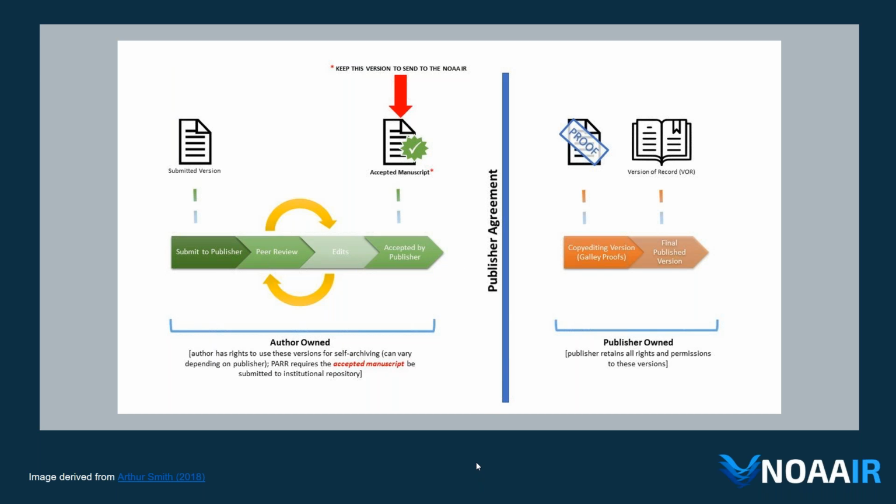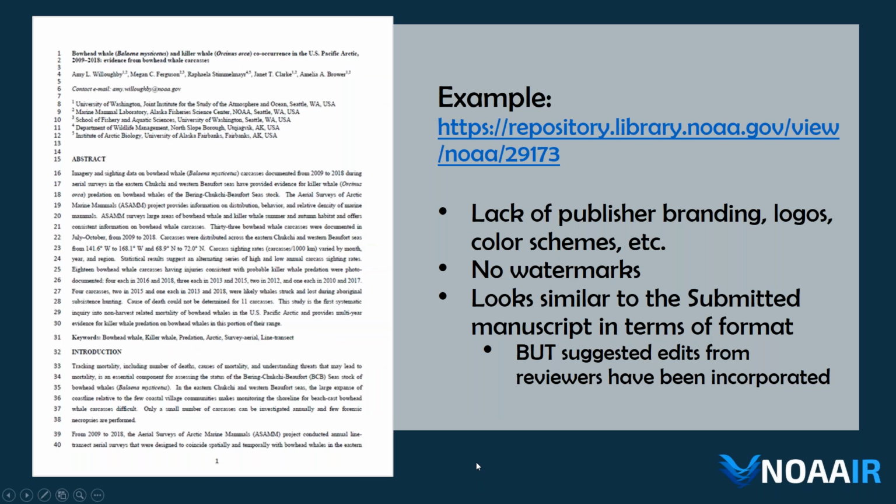Just to provide a little more context and another example, it's not the greatest picture, so I apologize, but here's a picture of an item we have in the repository. I put the link in there so you can look at it if you'd like to. This is what an accepted manuscript looks like. You can see it even has the manuscript line numbers on here. It doesn't have any fancy formatting. It's pretty bare bones.